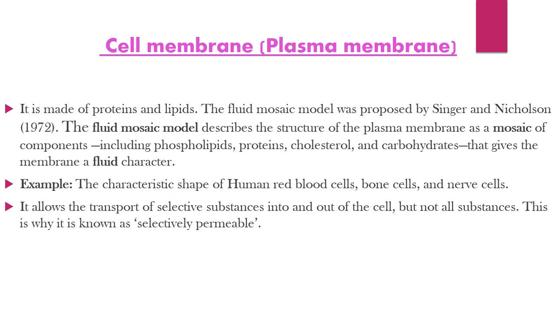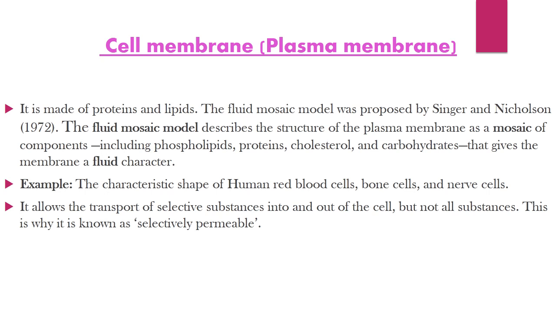This model describes the structure of the plasma membrane as a mosaic of components including phospholipids, proteins, cholesterol and carbohydrates that give the membrane a fluid character. Example: the characteristic shape of human blood cells, bone cells and nerve cells.